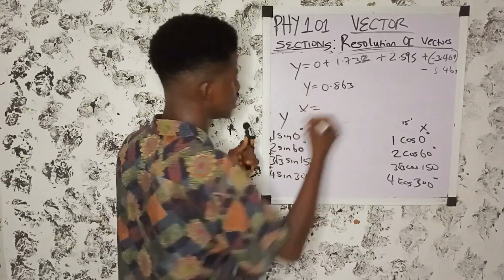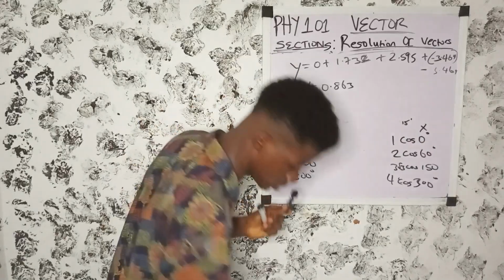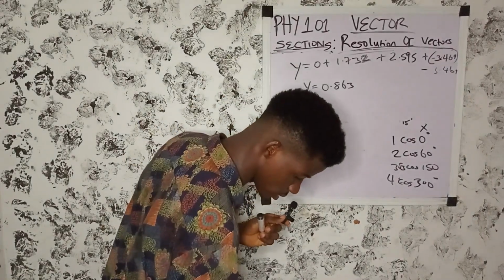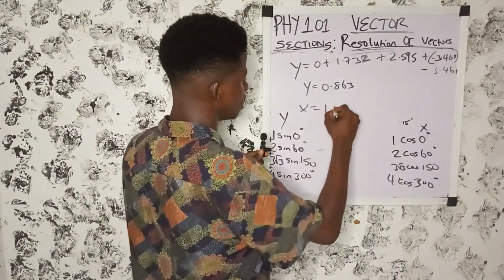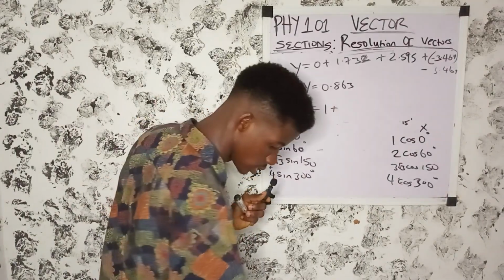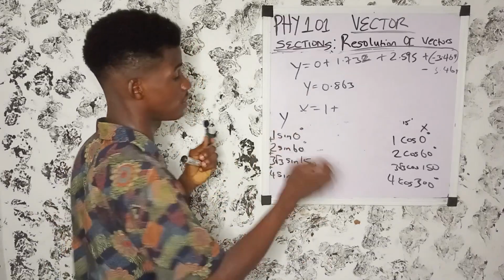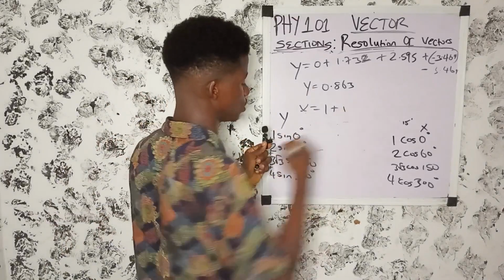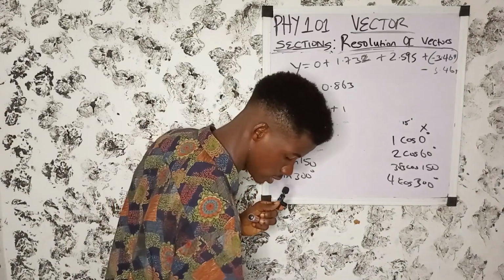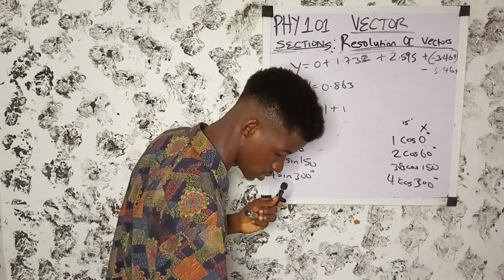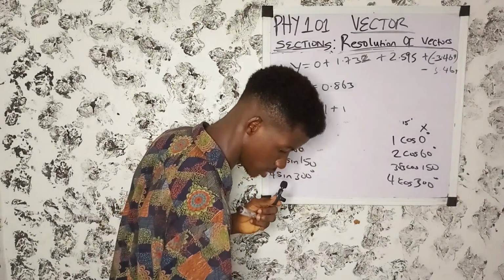Now what about our x? Let's look at our x. 1 cos 0 will give us 1. Then plus 2 cos 60. Cos 60 is 0.5. 0.5 times 2 is 1. So 2 cos 60 is 1.